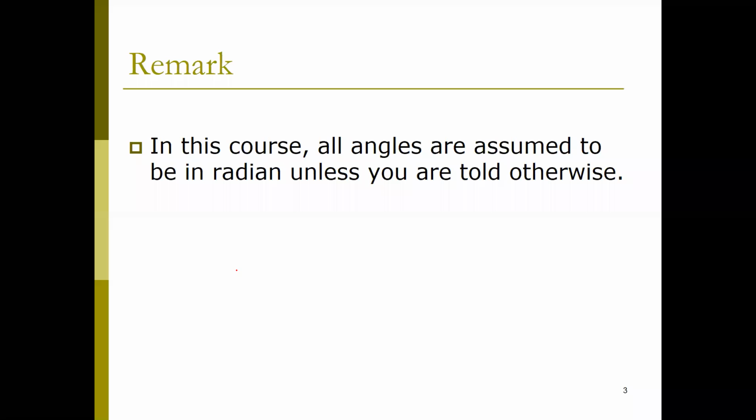This is a note or remark. Whatever we use as an angle, we have to assume it is in radians unless stated otherwise. Suppose we have sine 30. Sine 30 is in degrees, but if we are not saying that it is in degrees, that will not be an acceptable solution.